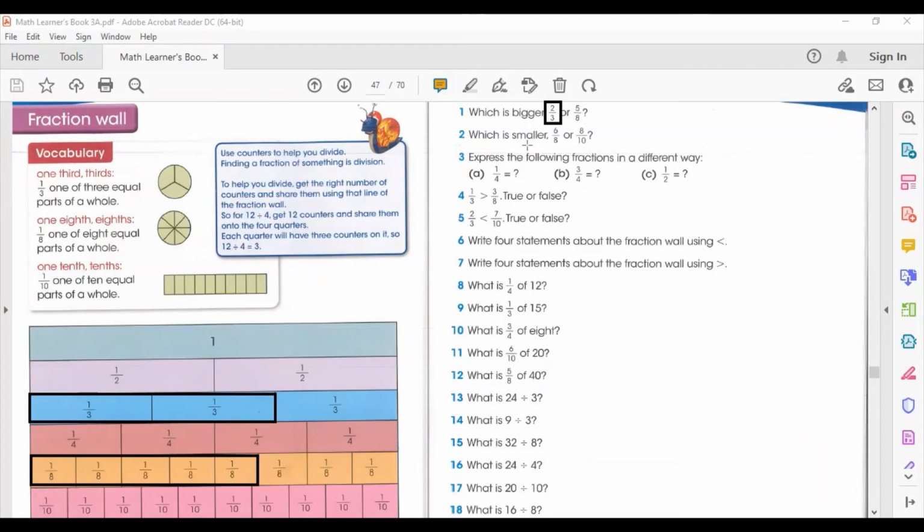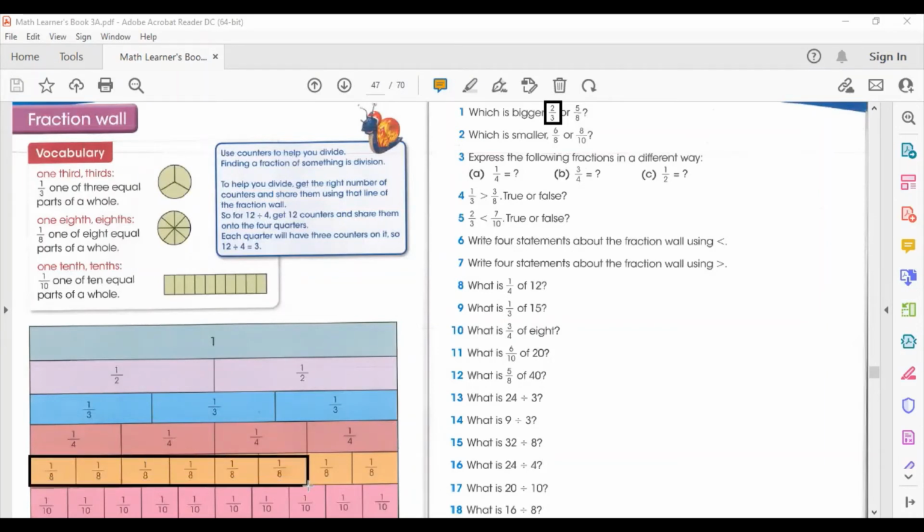Which is smaller, not bigger? Which is smaller, 6 by 8 or 8 by 10? Where is 6 by 8? This one. 1, 2, 3, 4, 5, 6.